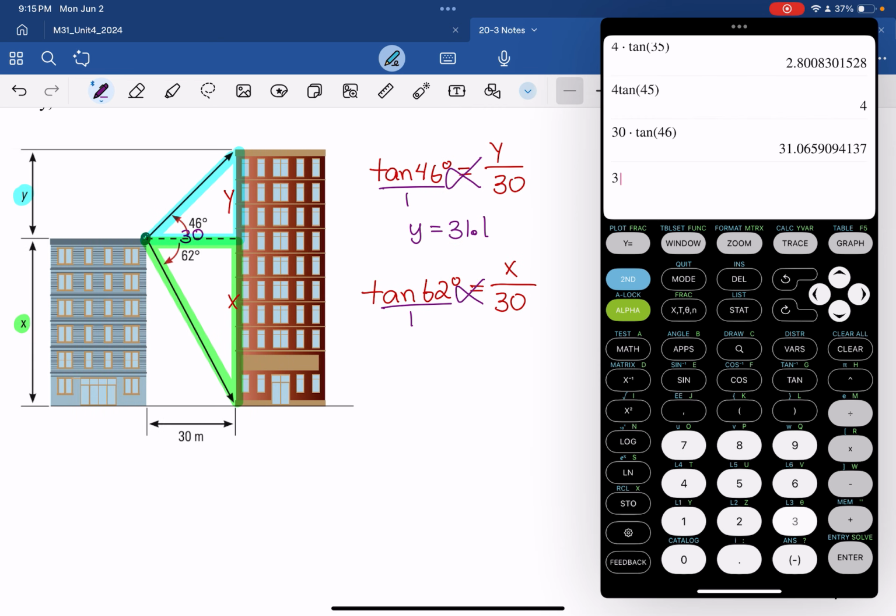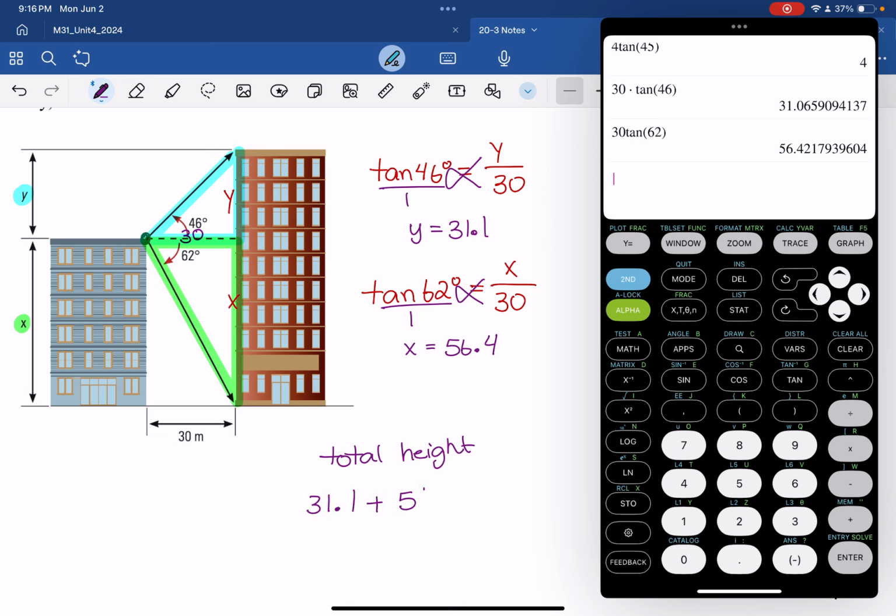I'm going to go 30 times tan of 62. And this is going to give me 56.4. So if I want the total height, because all this is giving me is this X and this Y separately, I have to add them together. So 31.1 plus 56.4.